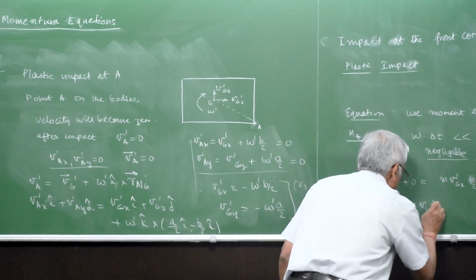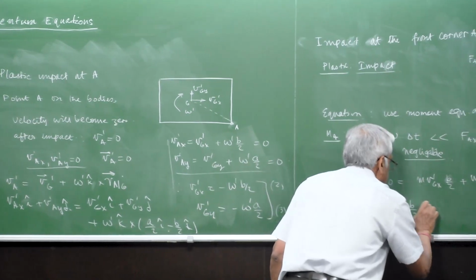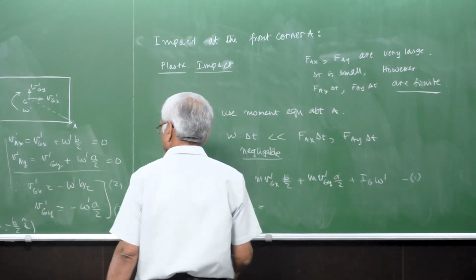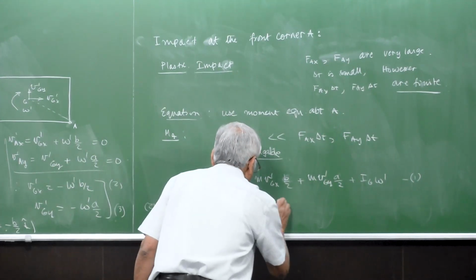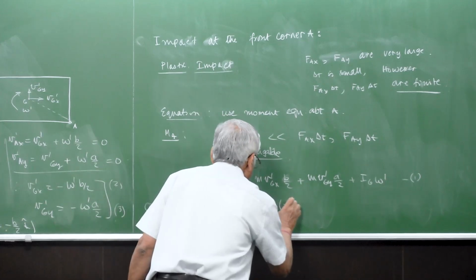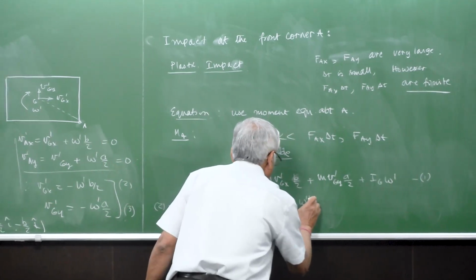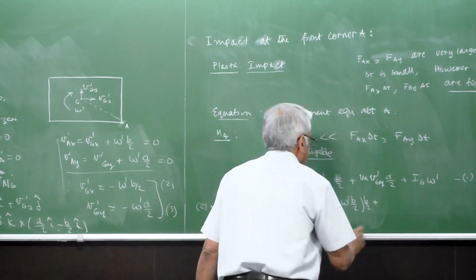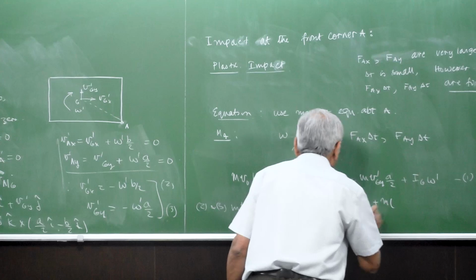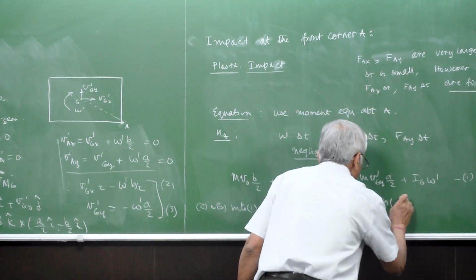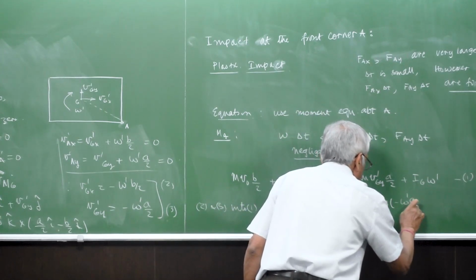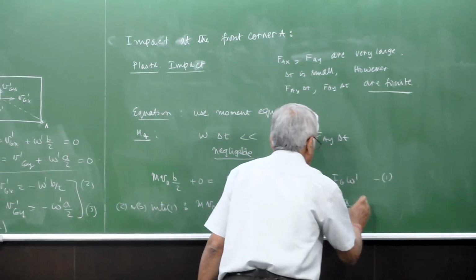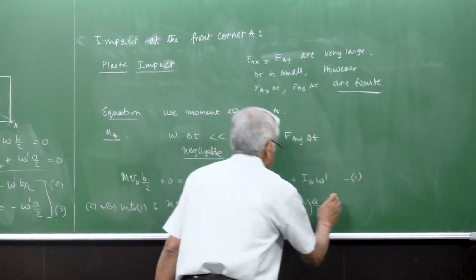Mv naught by 2 is equal to V prime Gx. V prime Gx is minus omega prime V by 2, V by 2, and here Vgy is minus omega prime A by 2, A by 2, and then this.